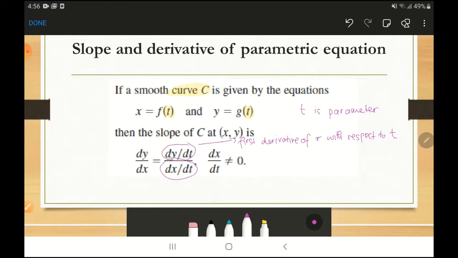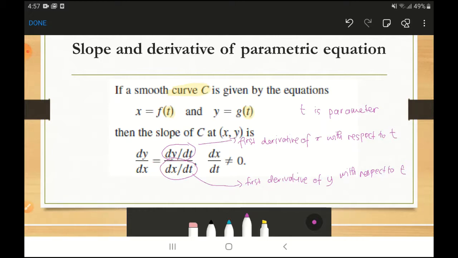And because y here is a function of t, so y equals something with t, dy/dt is just the same, the first derivative of y with respect to t. So it's actually quite simple.